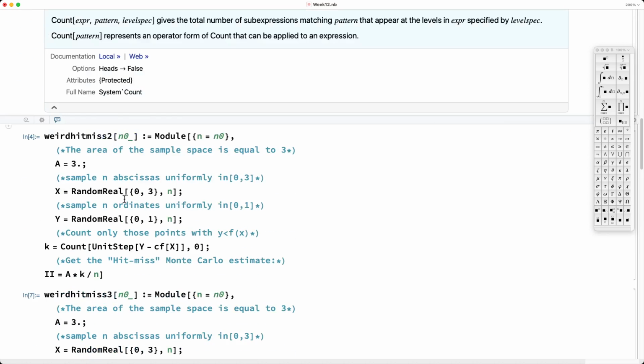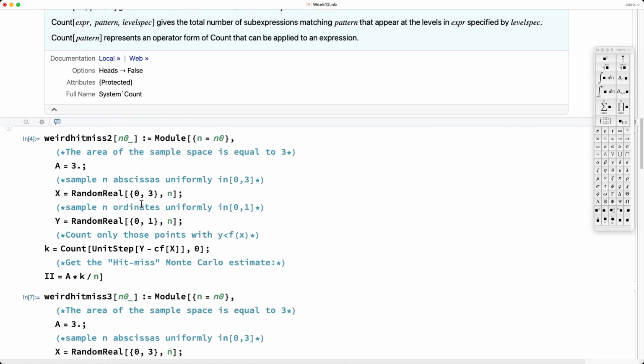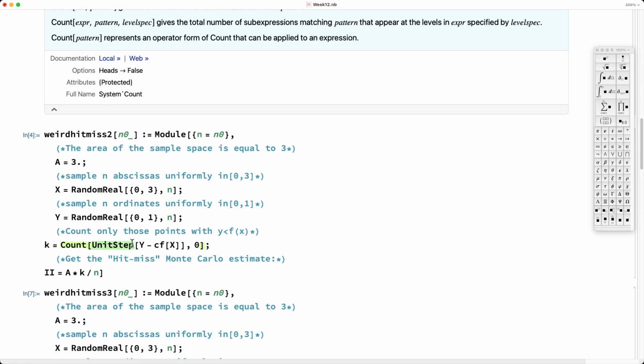So if I want to use that command, instead of having to count how many values of y are greater or lower than f, I am going to convert those to zeros and ones. And to do that, I'm going to use the unit step function.